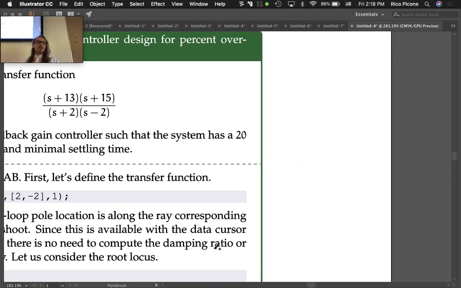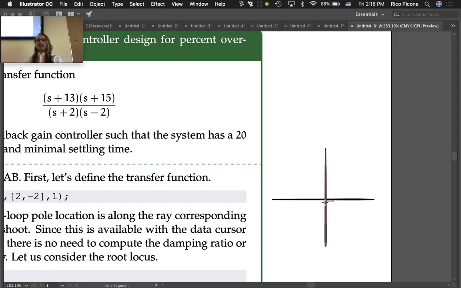What does that correspond to in terms of closed loop pole location? Let's think about that for just a moment. So if we draw our complex plane, percent overshoot of 20% corresponds to a specific damping ratio.